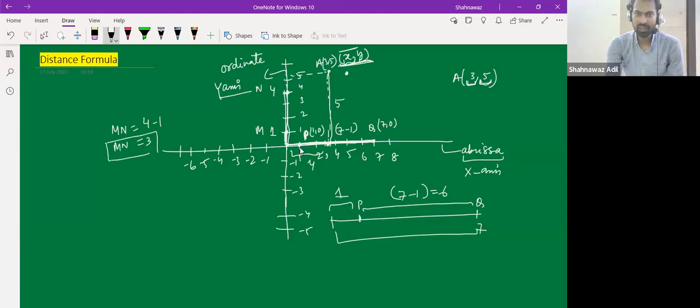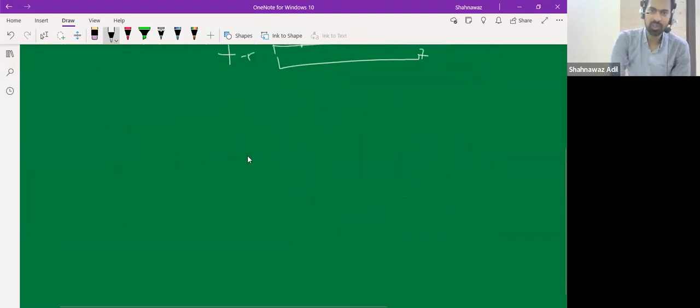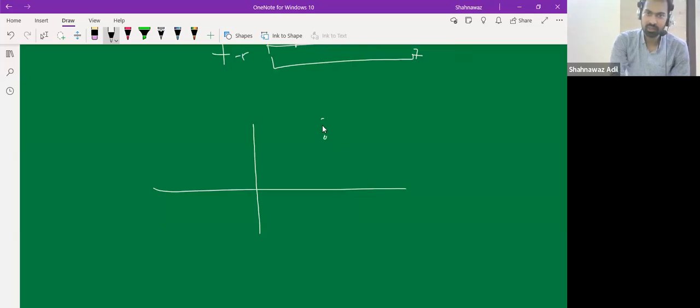Calculating the distance on the x-axis and on the y-axis is pretty easy, right? We don't need to bother about the y part or the x part. Is this clear? But what about the distance between, let's say I have a point (3, 4) and another point in the negative quadrant.